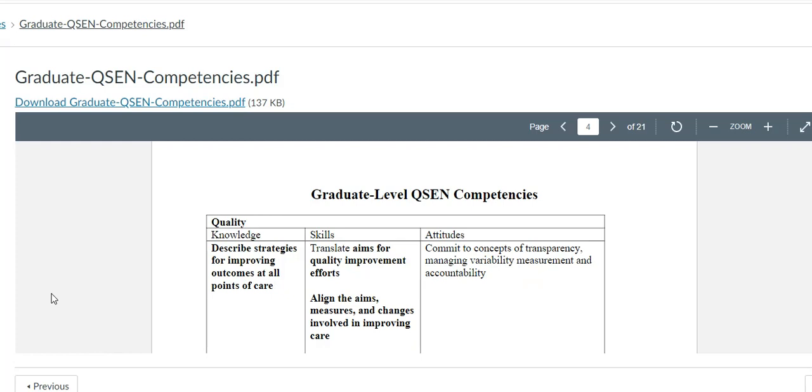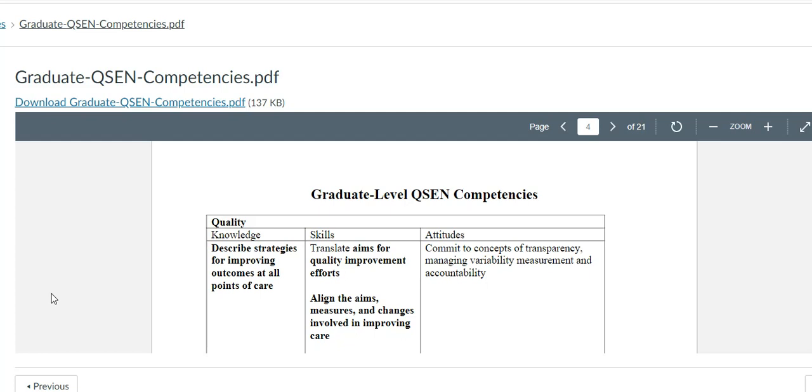The QSEN competencies are patient-centered care, evidence-based practice, teamwork and collaboration, safety, quality improvement, and informatics. These are zones of nursing that work together and represent areas where quality and safety standards should be practiced. Each competency involves skills, knowledge bases, and attitudes nurses should have on each topic.